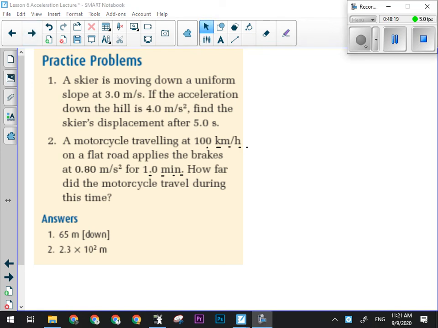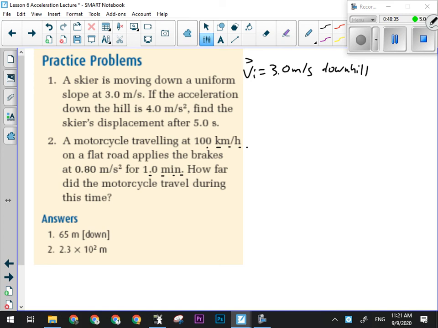Okay, let's have a look at the first one here. So we've got a skier moving down a uniform slope at 3 meters per second. So they've given us VI, 3.0 meters per second. The acceleration down the hill is 4 meters per second squared. Okay, so these are all downhill so far. Find the skier's displacement after 5 seconds.